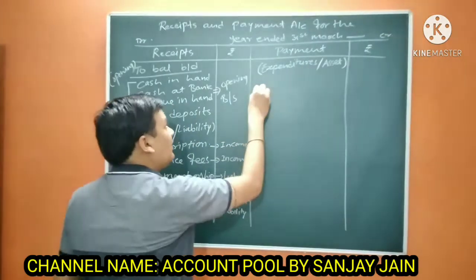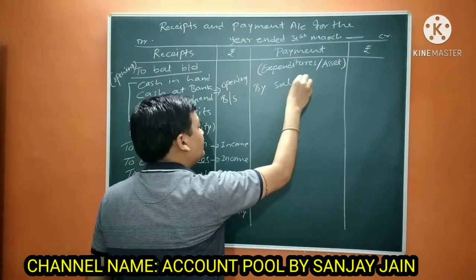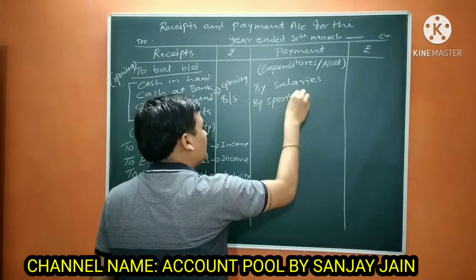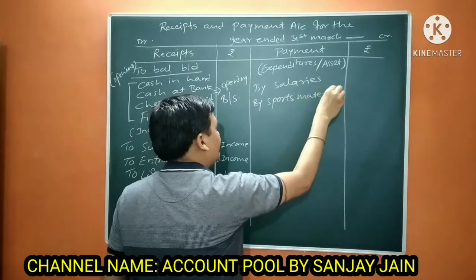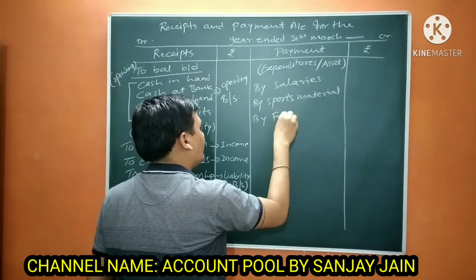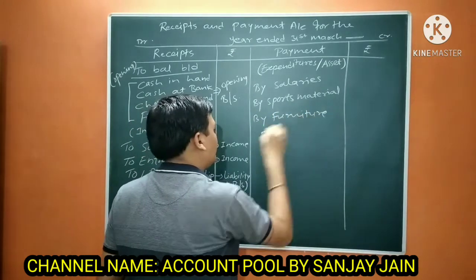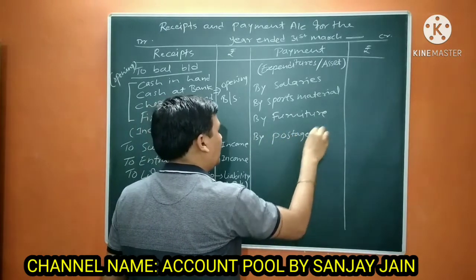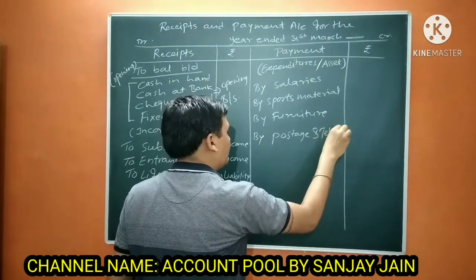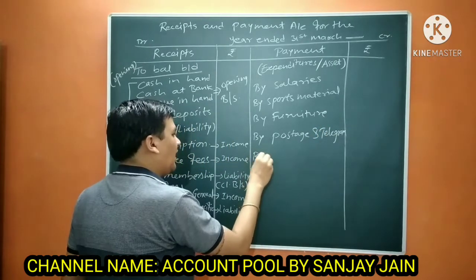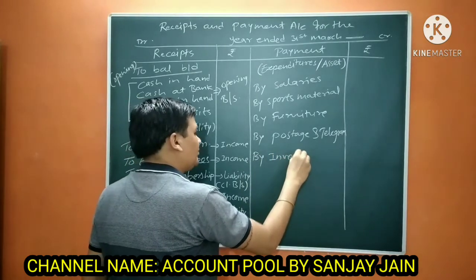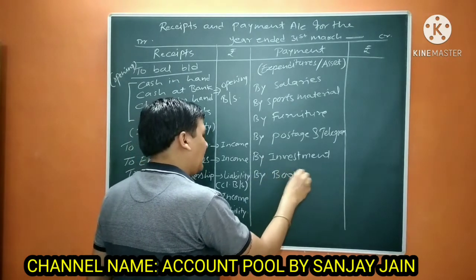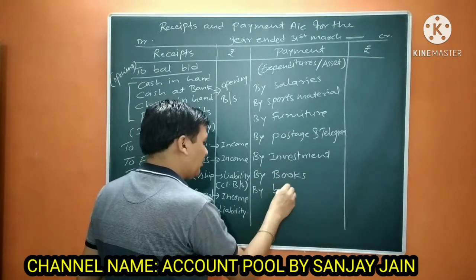Okay, like by salaries, by sports material, by furniture, by postage and telegram, okay, by investment, by books, and lastly by balance carried down.